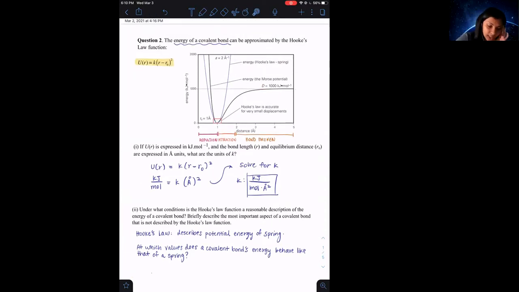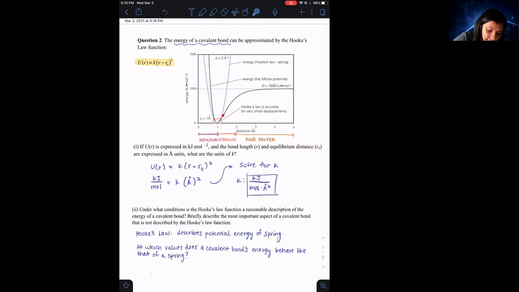Again, this graph has the actual energy of a covalent bond as well as the energy that is approximated by Hooke's law. R naught, as a reminder, is the equilibrium or optimal bond length. At this distance, both the actual energy and the energy approximated by Hooke's law are equal to 0, because there's no net attractive or repulsive force acting on the atoms at this particular distance.